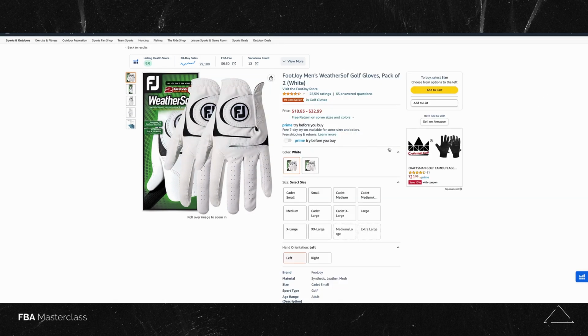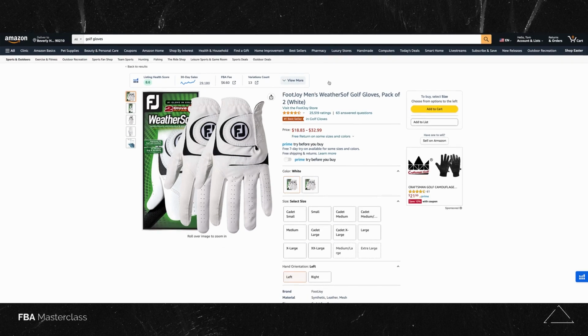So what I want you to do is, when you're browsing through your potential product ideas, take the average price, because we don't want to sell the product at a much higher price than everybody else. The higher the price point, the less likely someone is going to buy it, right? So we want to just take the average price and see if we can actually make it work.